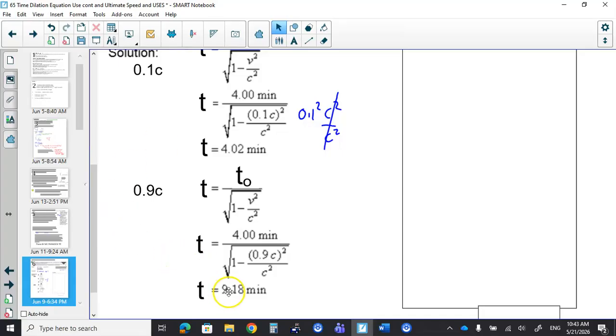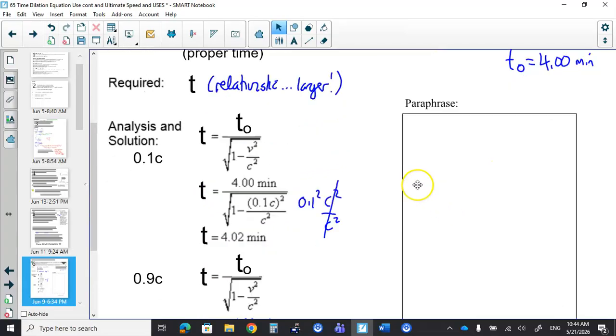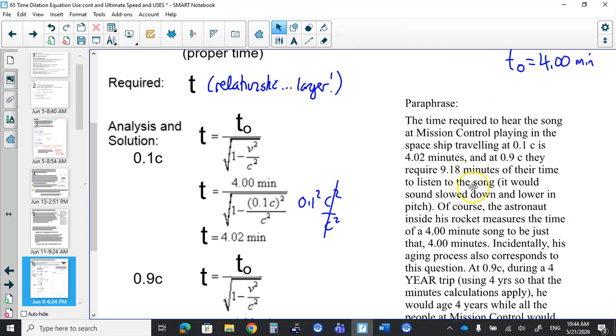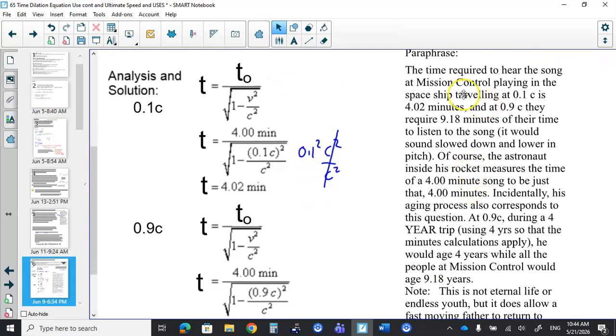So 9 minutes and 10.8 seconds, depending on what was meant. You know what I mean? If this is counting like a clock, that could mean 2 seconds, but it depends on what was meant. Anyways, paraphrasing here, of course, mission control would hear the song playing in slow motion.